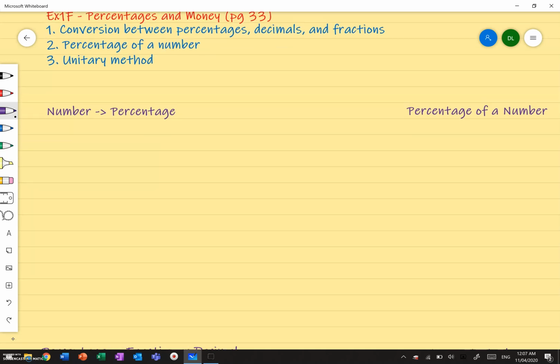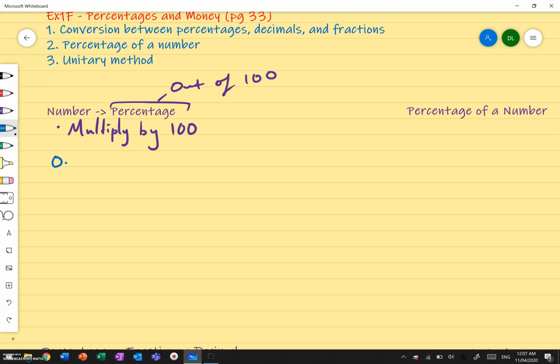Alright, so number to percentage. For number to percentage, all we have to do is multiply by 100. That's it. Percentage means out of 100. If I have something like 0.456, all I have to do is times it by 100.